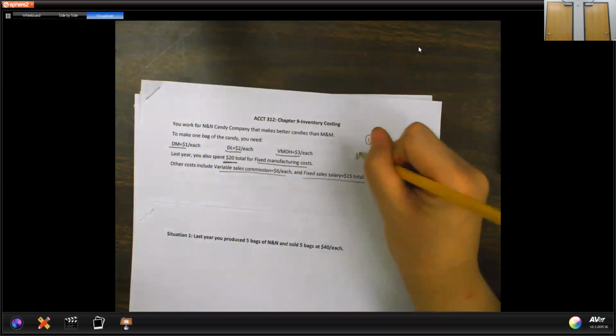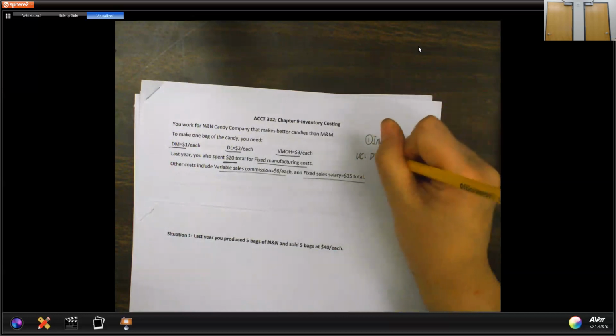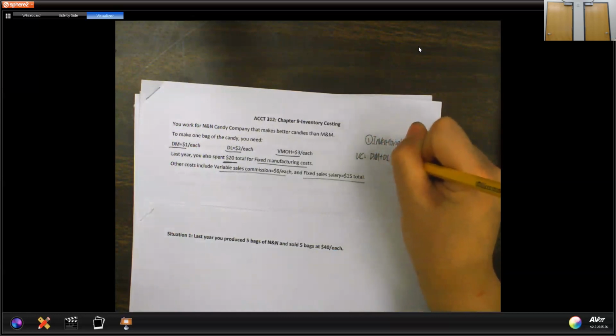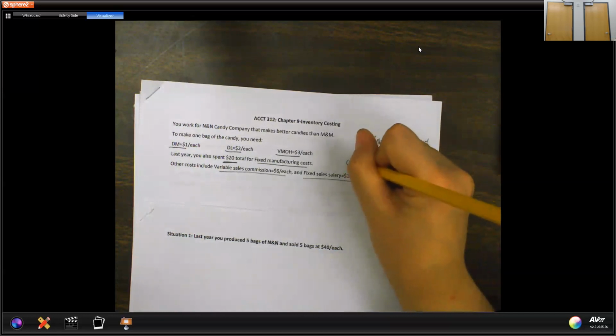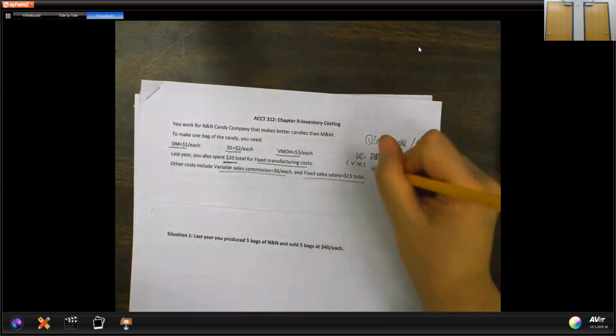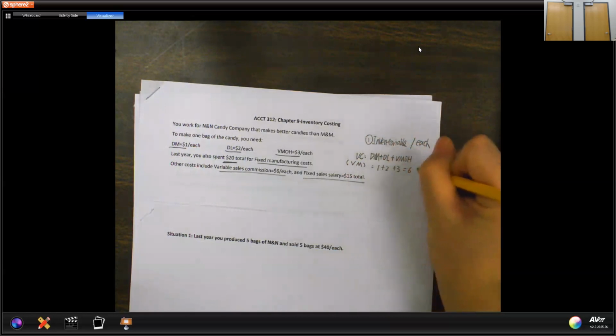Under variable costing, you only have direct material plus direct labor plus your variable manufacturing overhead, because you only use your variable manufacturing costs. That gives you 1 plus 2 plus 3, which is 6 each.